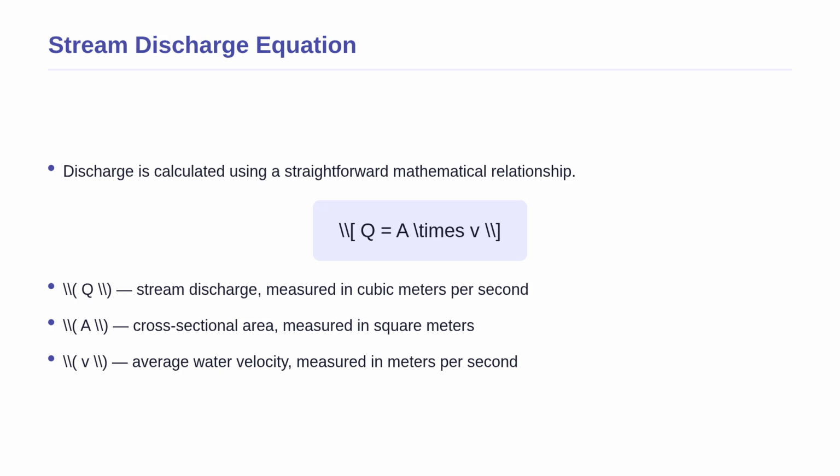The letter A stands for the cross-sectional area of the stream channel, measured in square meters. You can think of this as the size of the pipe the water is flowing through. Finally, the letter V represents the average velocity, or speed of the water flow, measured in meters per second. If the area decreases because the stream gets narrower, the velocity must increase to push the same amount of water through.